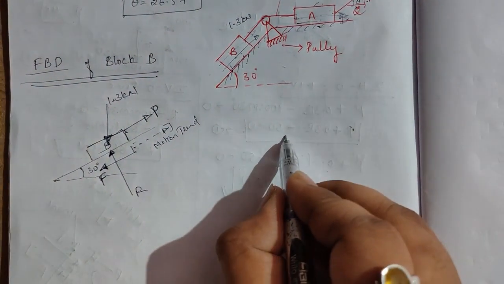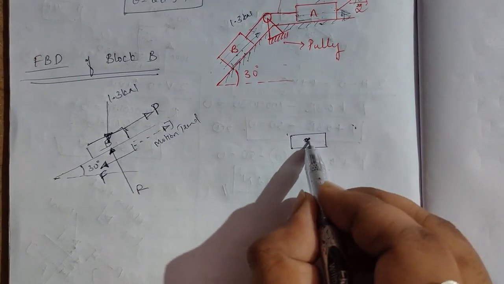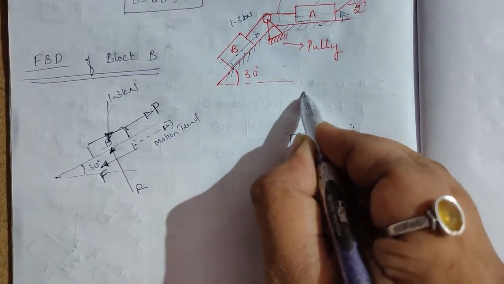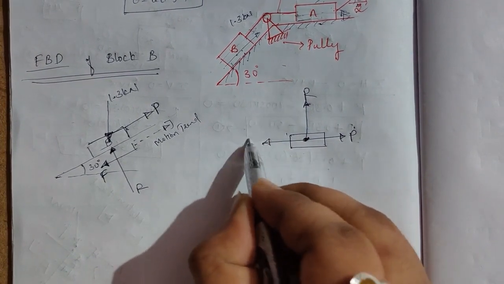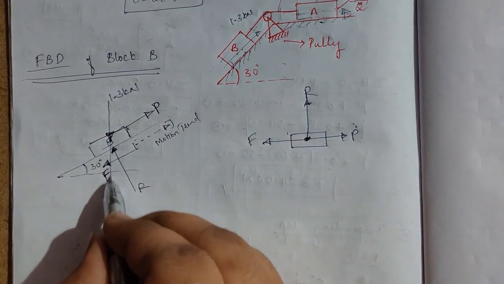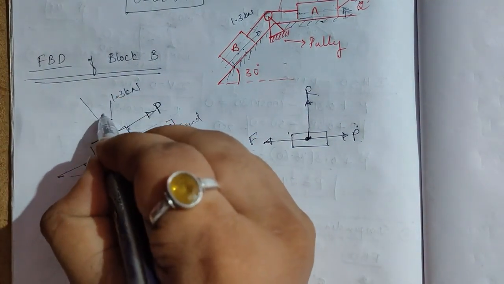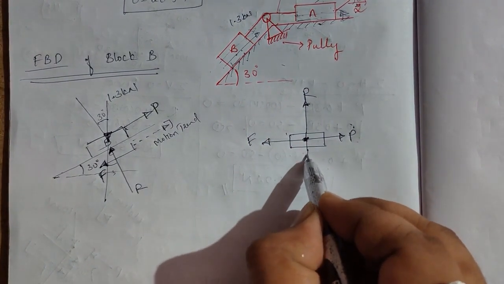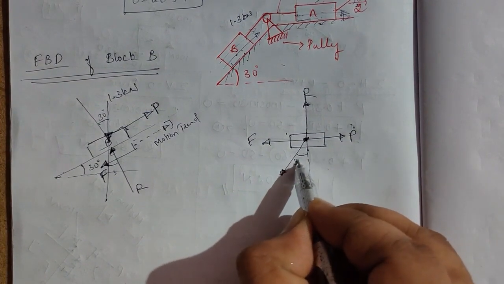So that is how we can write the free body diagram. So this is center. Okay, this may be the P, this is R. Okay, then the same direction F will be there. So the weight will make an angle. Before that, this will make an angle 30 degree and this will make an angle 30 degree, same as in the last problem.